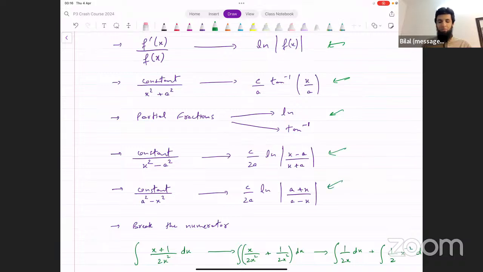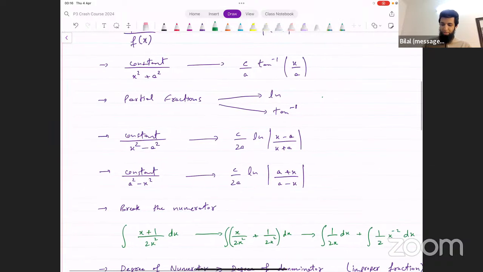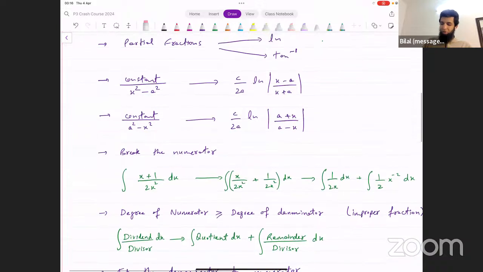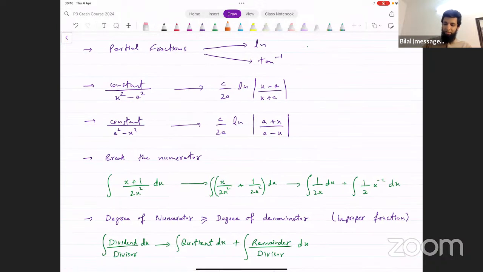These two other forms of partial fractions that are given in the formula sheet directly, where you have constant in the numerator and x squared over x squared minus a squared, or a squared minus x squared in the denominator. Or you could split the numerator like this into two parts. If you have an improper fraction, in that case, you use this rule. Dividend over divisor is quotient plus remainder over divisor. So in fractions, you have to think of all of these different rules.